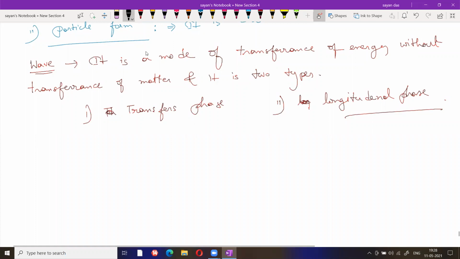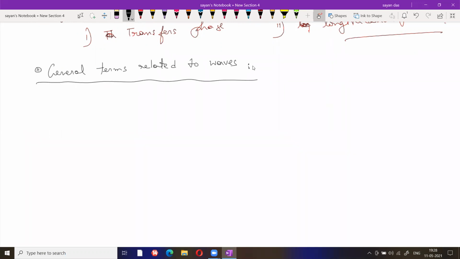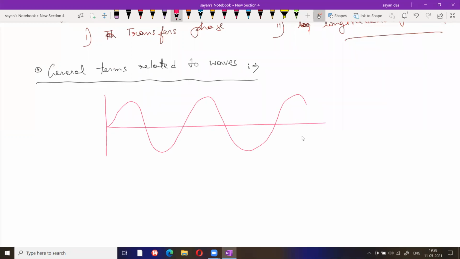Next are the general terms related to waves. What are the general terms? Suppose this one, I am taking this one.